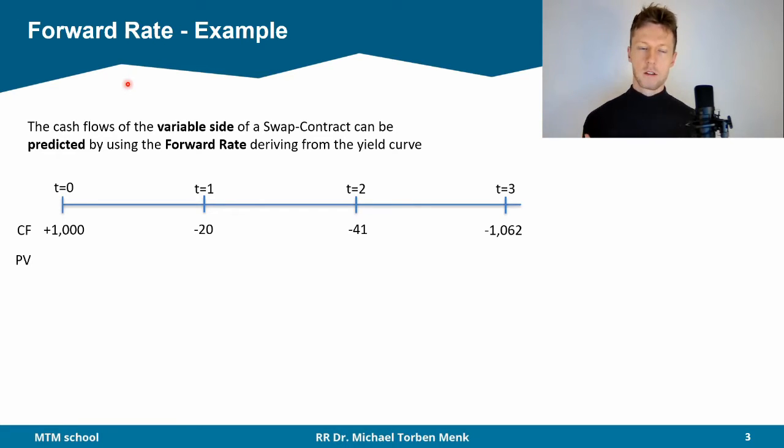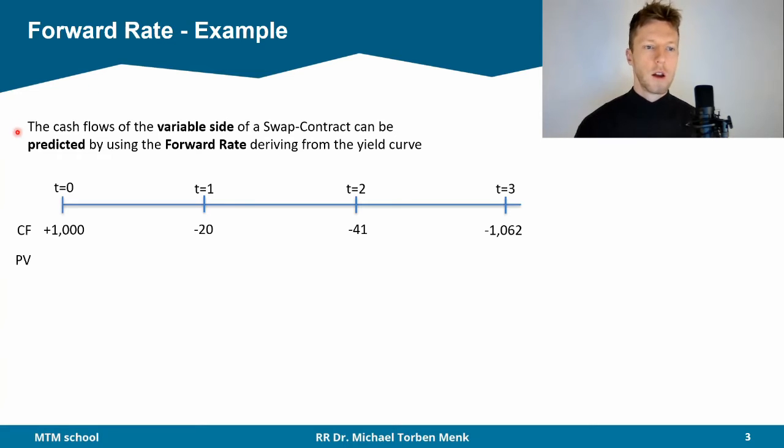And again, if they would not have the tool of forward rates, they would have to guess. They would have to agree on some kind of interest rate they think will be actually happening in the future. But they don't need this. They can objectively derive the fair future interest rate from the market right now by using the forward rate, using the yield curve.